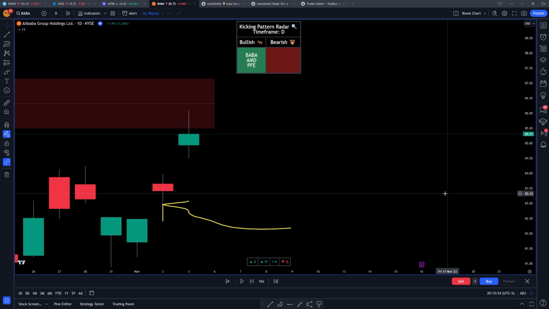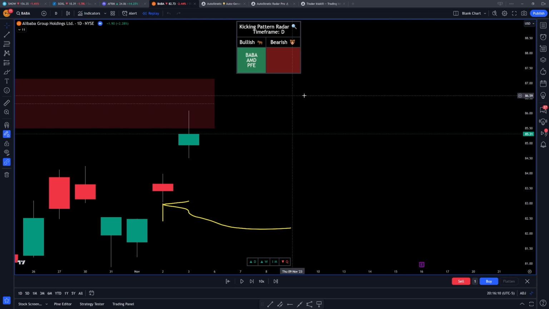But this is as best as it can get for now. Hopefully in the future, TradingView offers some means of reading those pre-market gappers and determining if it's a kicking pattern. But for now, we still have a very strong tool to tell us where the setup is.